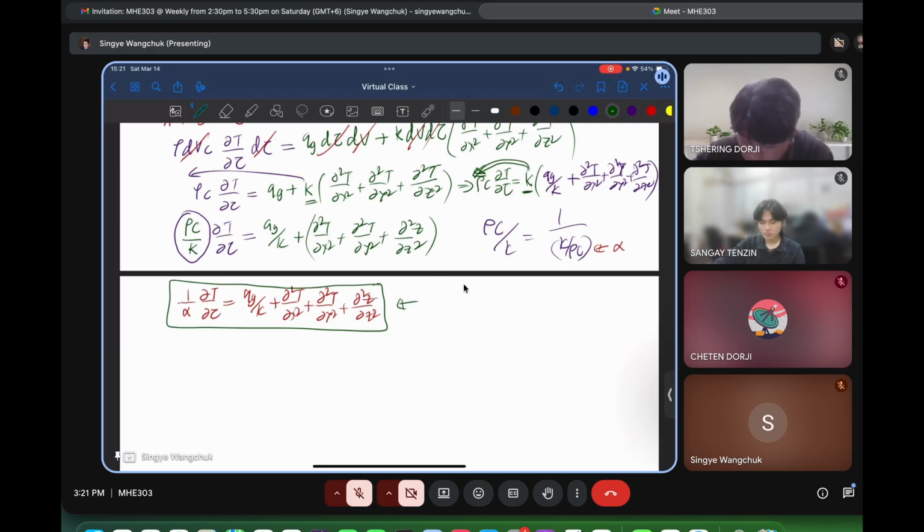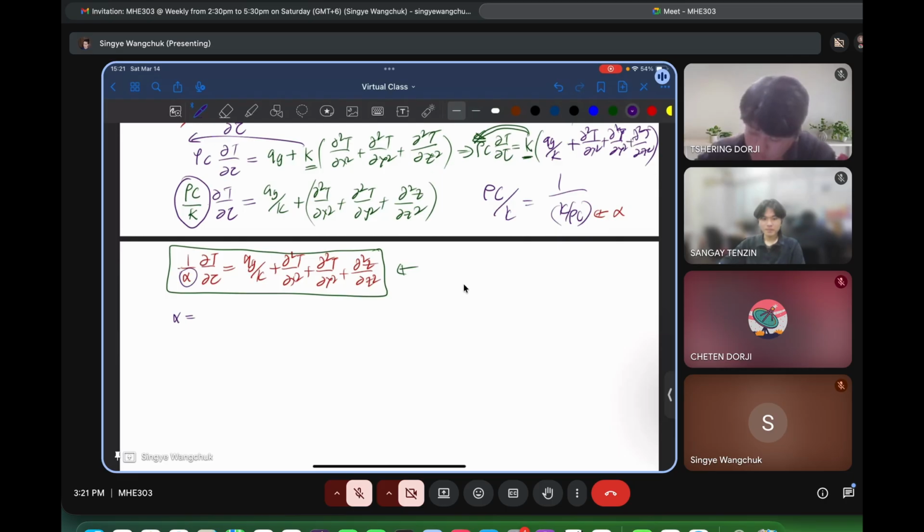You understood this? Now let's pay attention to what this alpha is. This alpha we have defined as k upon rho c, and it is called thermal diffusivity.